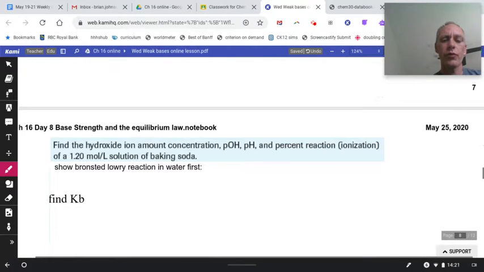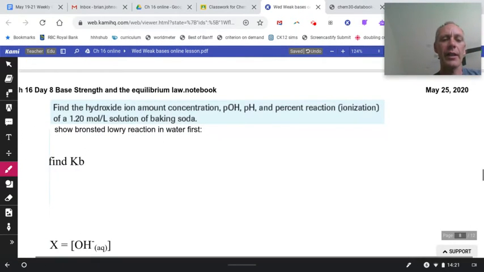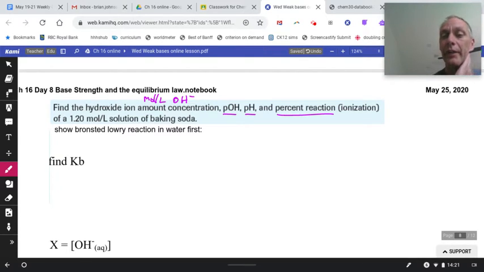Okay, find the hydroxide ion concentration, so the moles per liter concentration of OH minus. Find the pOH, find the pH, and percent reaction, holy smokes, in this case it's ionization, of a 0.120 mole per liter solution of baking soda.